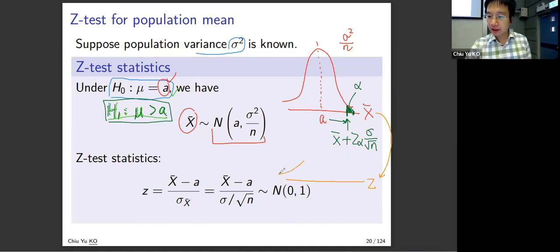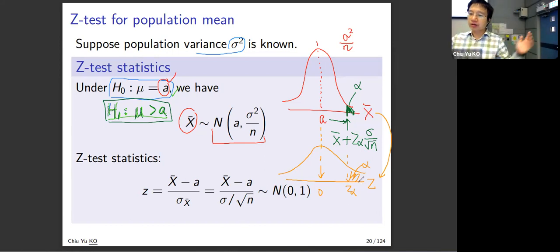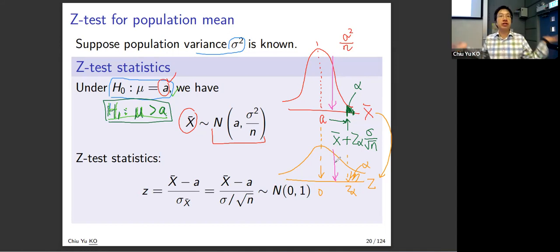The same thing applies here: this is converted to 0, and this is alpha here. If alpha is here, this is called Z alpha, and Z alpha is the critical value. That means you collect the data, and suppose your data is somewhere here. Then it belongs here, and you don't have enough evidence to say H1 is true, so you keep your H0.